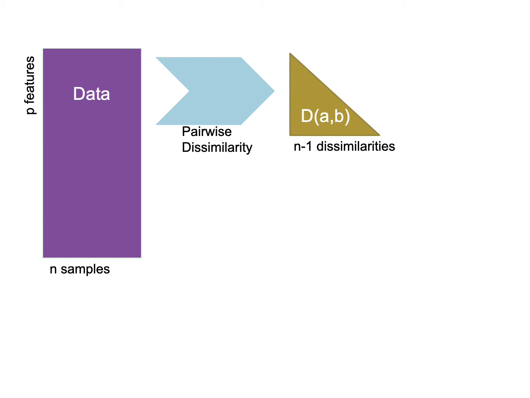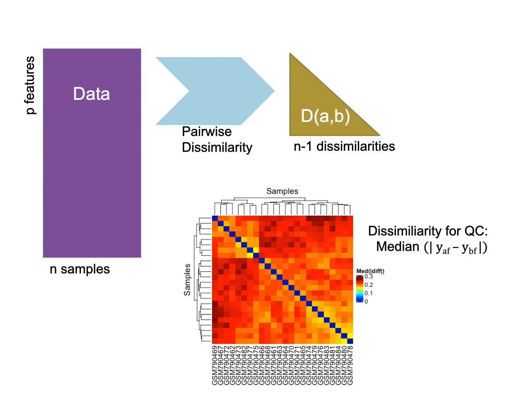I'm drawing this as a triangular matrix because the diagonal values are the dissimilarity from an object to itself, which is always 0, and we know there's this symmetry property. So you could flip this triangle, and the upper triangle holds the symmetric values of the lower triangle. These represent the unique measurements between all pairs of observations in the data set, and that's what we would plot in the heat map.